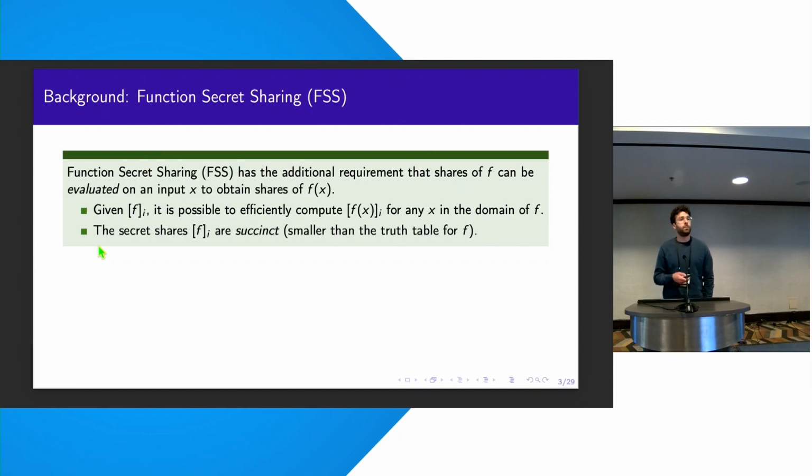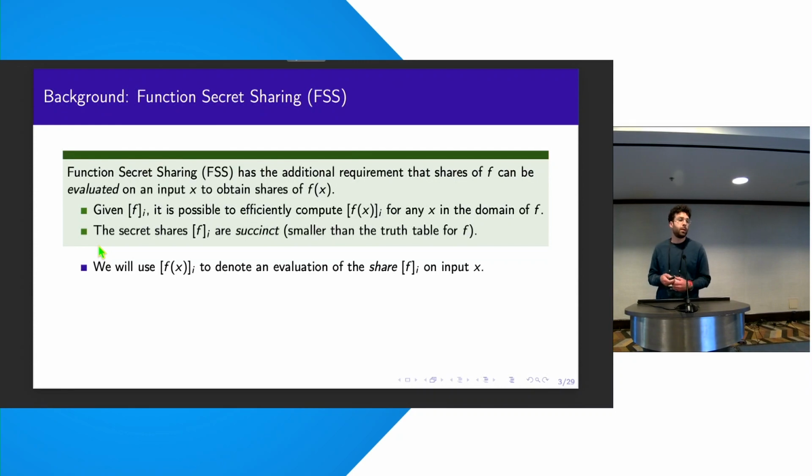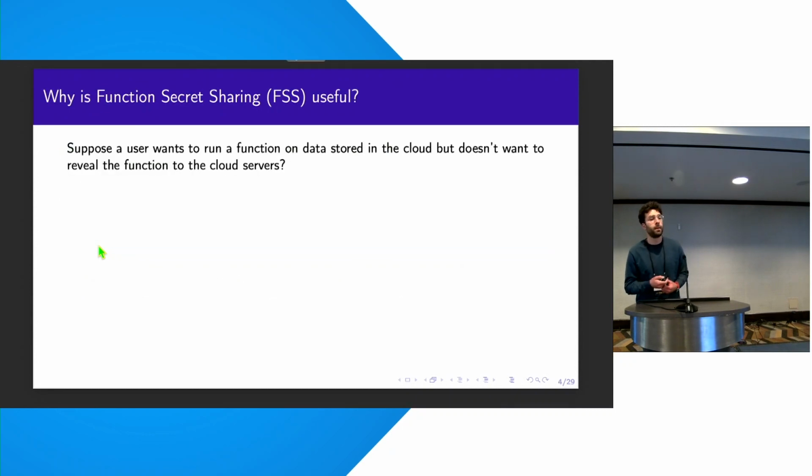The main property that function secret sharing has to satisfy is that the actual shares of f are succinct, so much smaller than the truth table of f. Like with secret sharing, I'll use bracket notation to denote the ith secret share of f, and f of x in brackets to denote the evaluation of f on an input x.